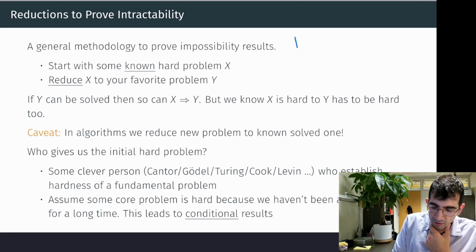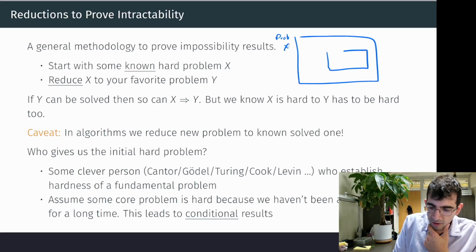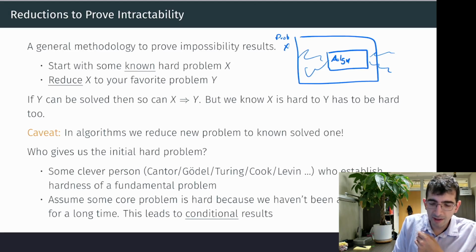We want to solve a problem x, so we insert in the algorithm for y and do some jiggering to the inputs and then some jiggering to the outputs. That's what a reduction does.